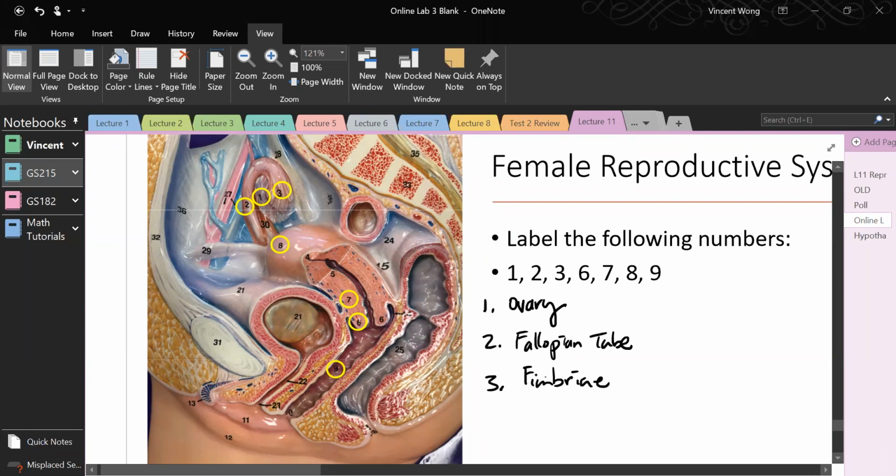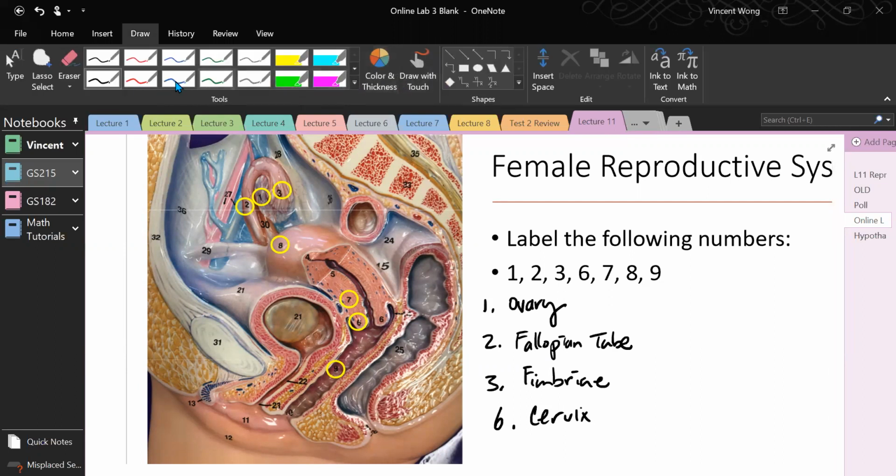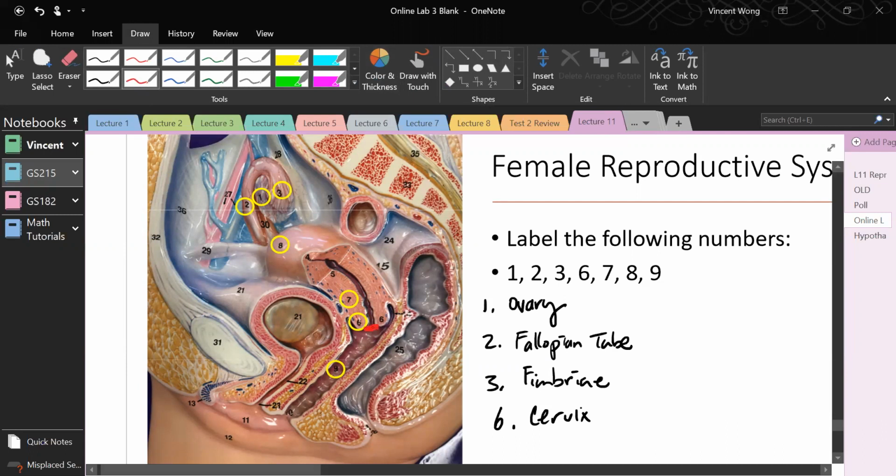These are like little hair structures that guide the egg into the fallopian tube. Number six. Where's number six? Number six is right here. That's the cervix. Remember the plug I keep on talking about? That's going to be sealed right here, and the baby's going to grow inside.